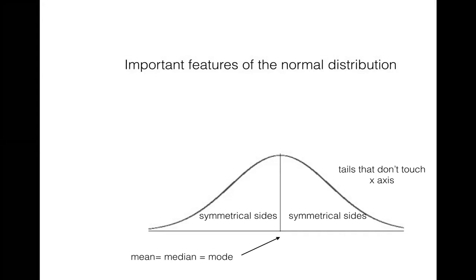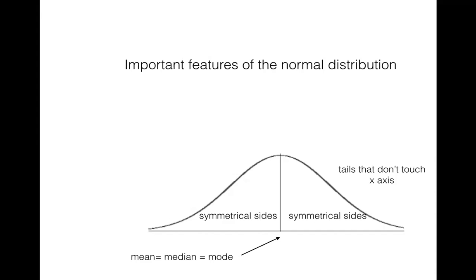Okay, now another important feature is if we look at the graph on the left side and the right side, the tails of the graph are not going to touch the x-axis. It's okay when we're drawing if we get lazy and let them touch the x-axis, that's fine. In theory, they don't touch the x-axis, and the reason has to do with outliers in the data set.